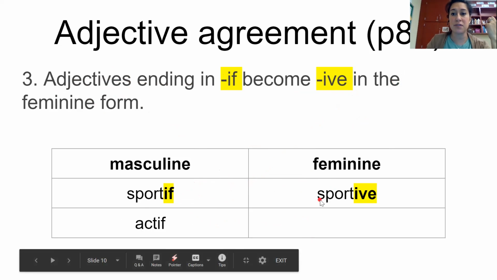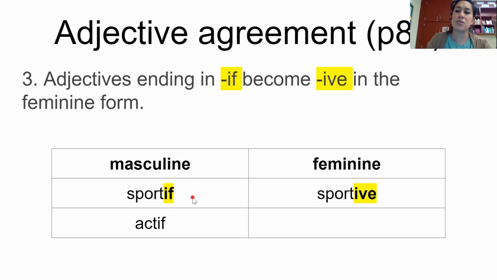So we had sportif, sportive in our box. There's also actif, active, créatif, créative. So go ahead, add these to your list, either in the rules or on your table, so that you've got this big list and you know clearly which ones you're going to be using when you describe your mom or your dad, when you describe your brother or your sister.